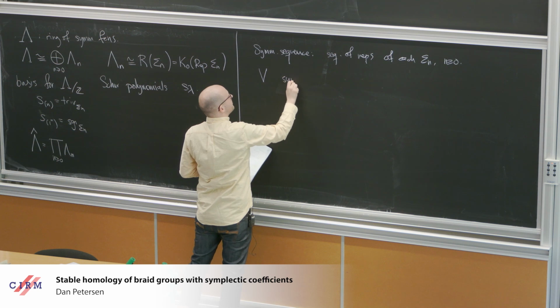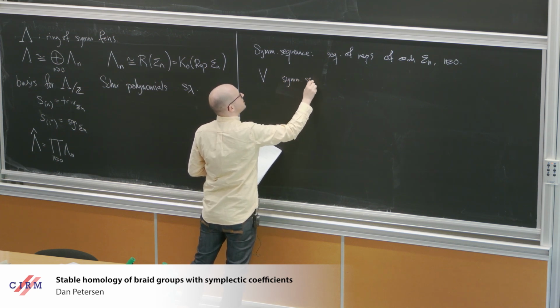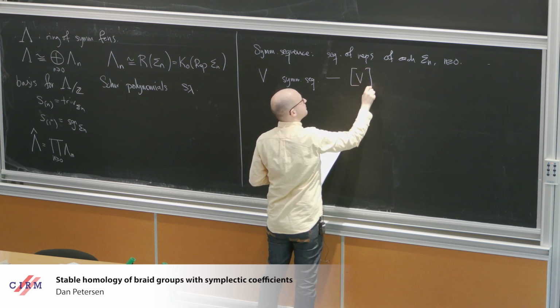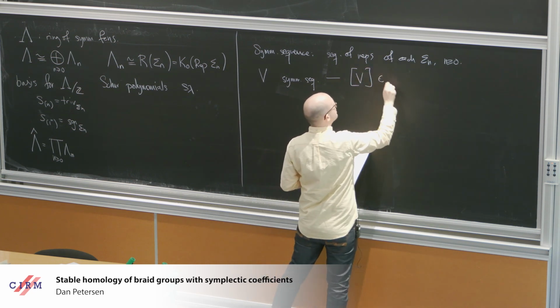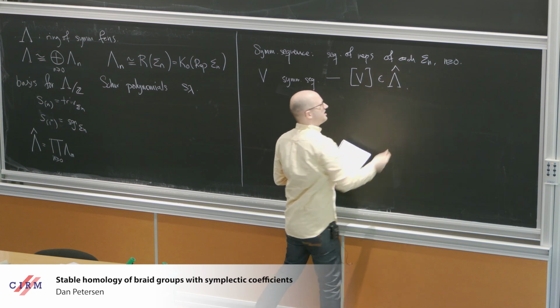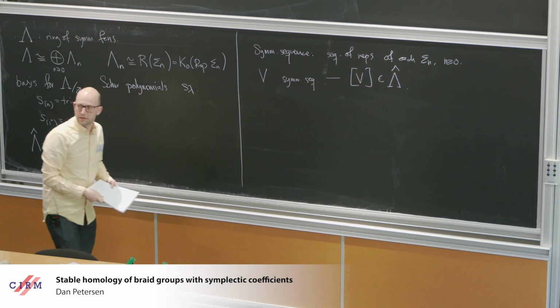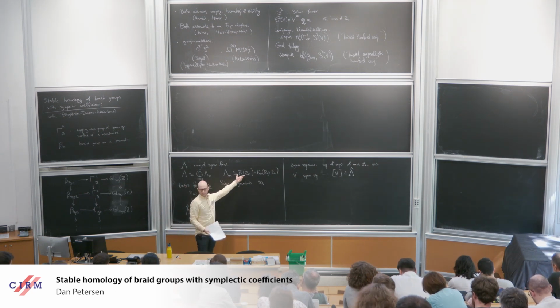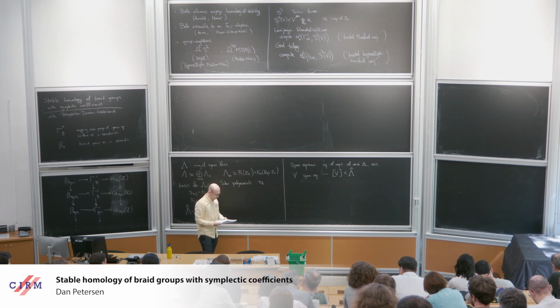And if V is a symmetric sequence, then I will denote by bracket V its class in lambda hat. So I have a sequence of representations, and each of them defines an element in this representation ring.